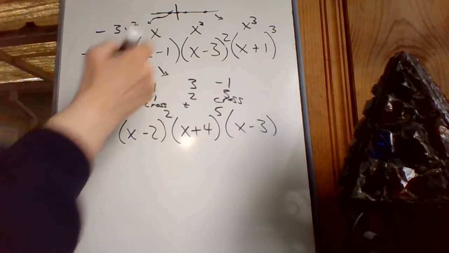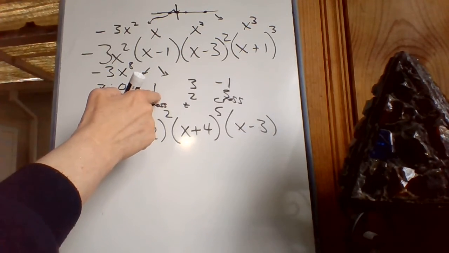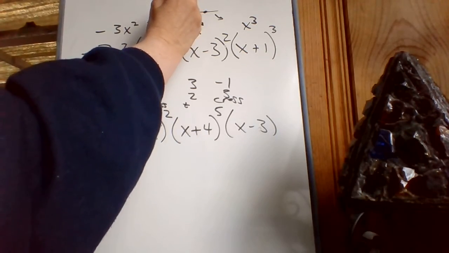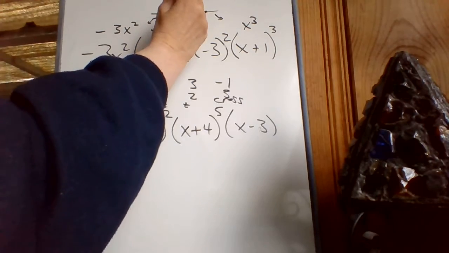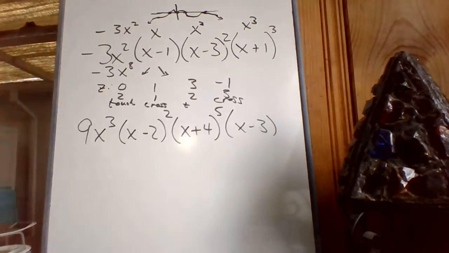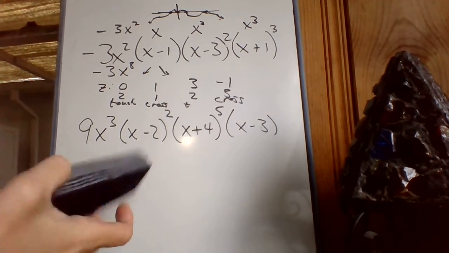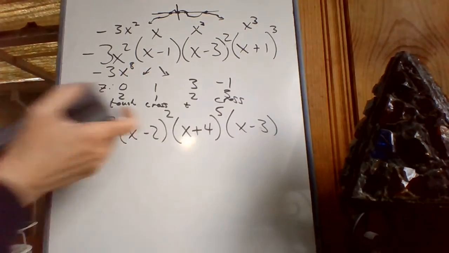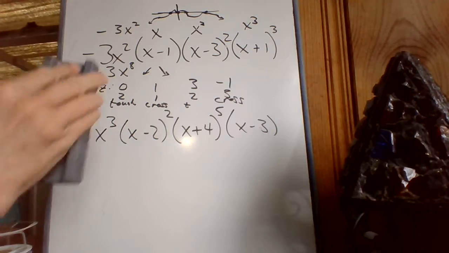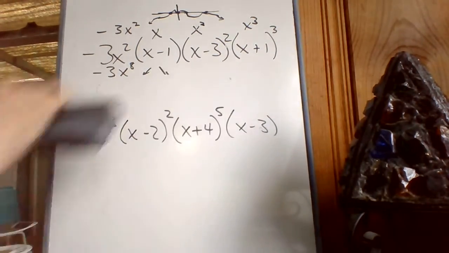Then when it gets to that one, I'm just supposed to touch it. Then when it gets to that one, I'm supposed to cross again. And then when it gets to that one, it's just supposed to touch, and then it's supposed to connect up with that. And that would be kind of what the graph looks like. It didn't ask me to, so I don't have to do that part. But that's why knowing these arrows and these dots and whether or not they cross or touch counts as making the entire picture. All right, so let's try this other one in here.